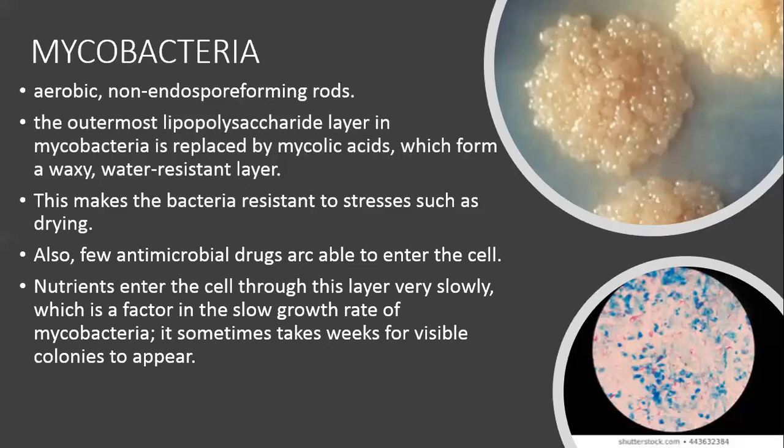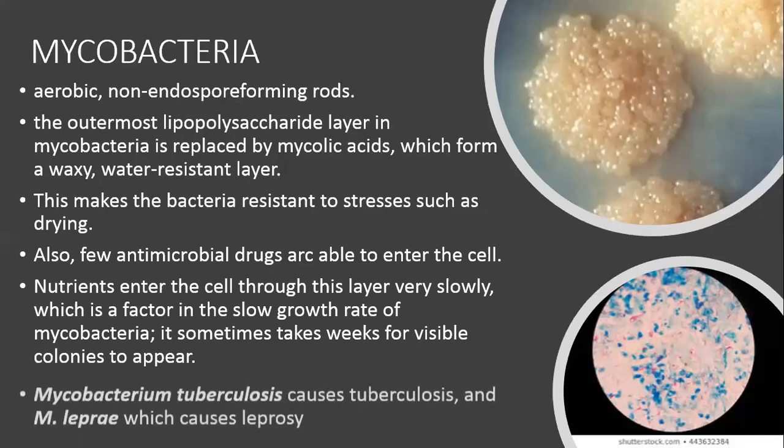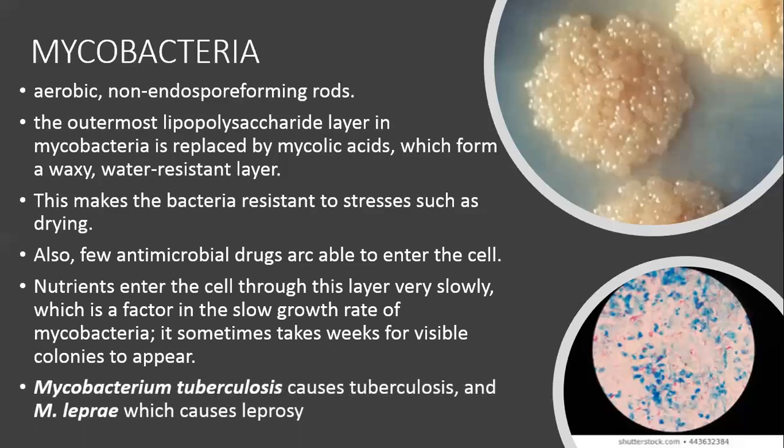And you all know that mycobacteria grow very slowly, for the same reason, since they have a very thick cell wall and a waxy water resistant layer. The nutrients pass through this layer very slowly, and it is a factor in the slow growth rate of mycobacteria. It takes weeks for visible colonies to appear. The commonly known species is Mycobacterium tuberculosis, which causes tuberculosis.